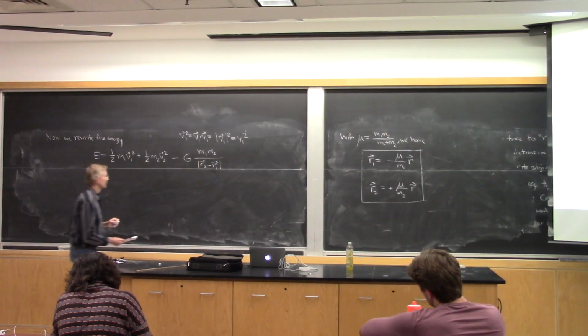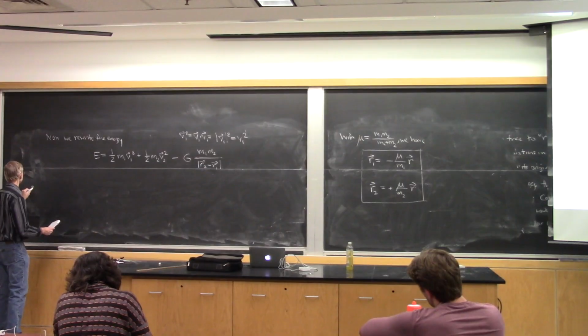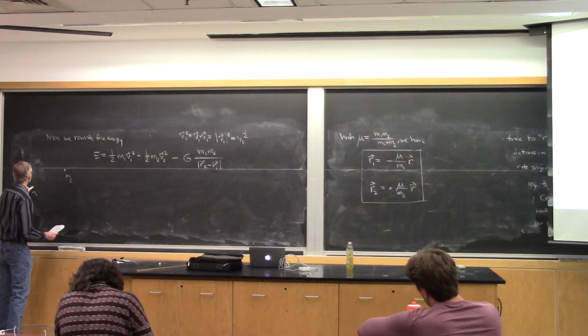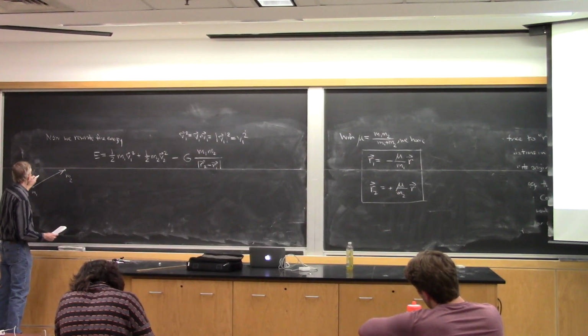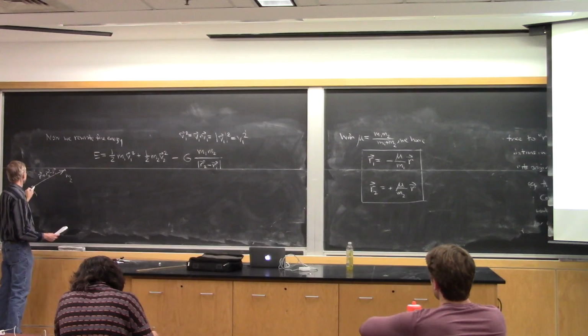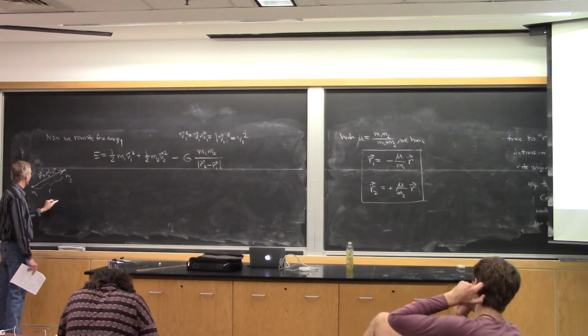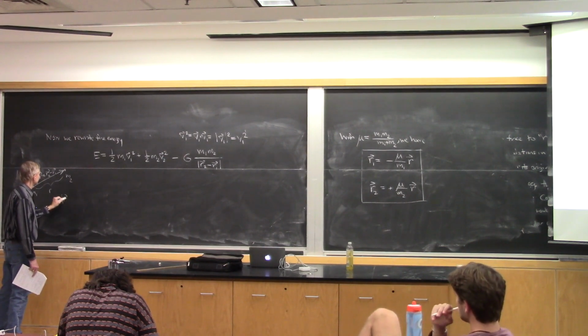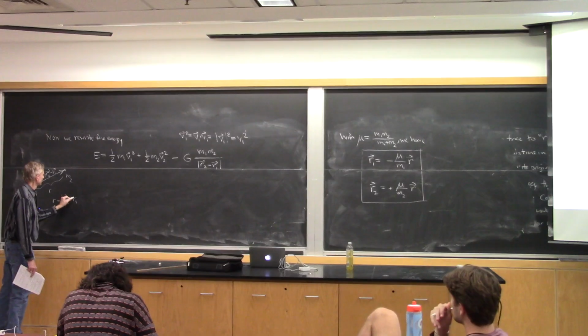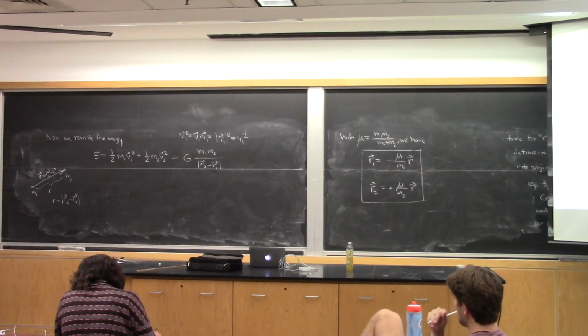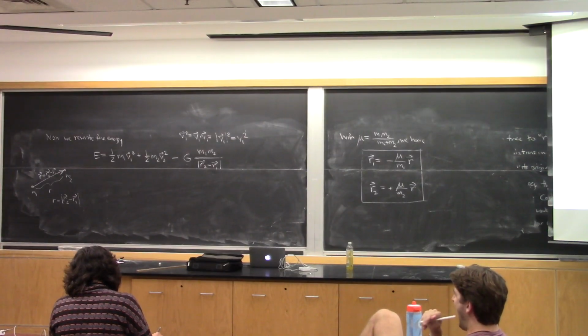In other words, remember, I have m1 and m2, and their relative vector r equals r2 minus r1, and if I want to call r the distance between them, r is in fact the magnitude of that relative displacement vector. So instead of just m1 m2 over r, I'm saying m1 m2 over the magnitude of r2 minus r1.